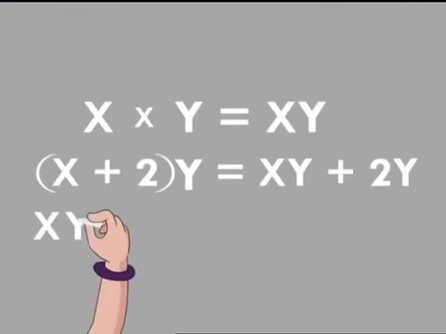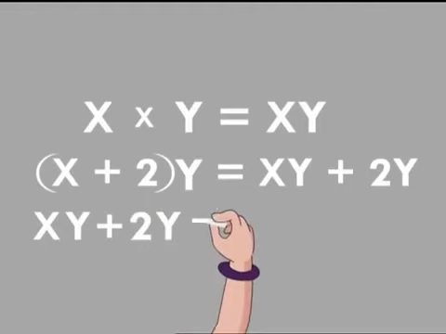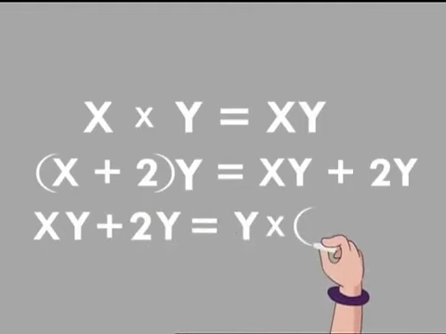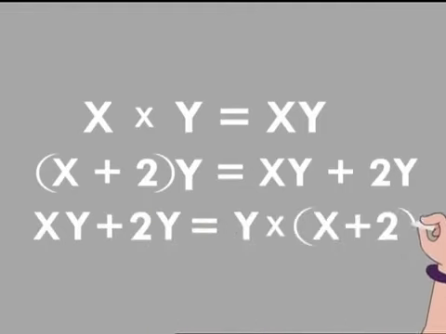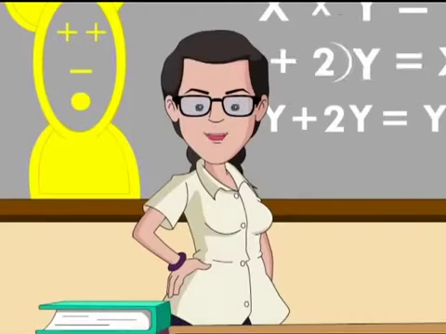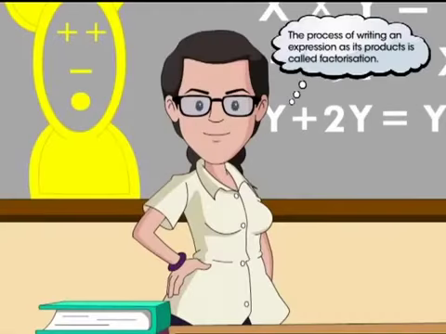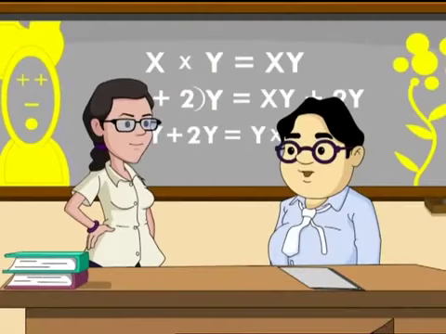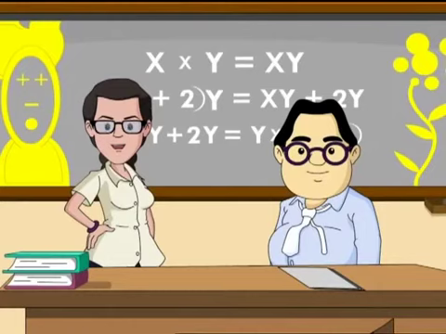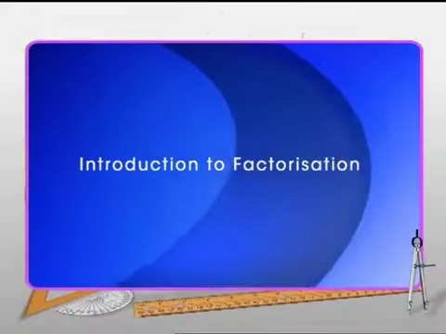If you are given the product xy plus 2y, you can express it back to its factors y and (x plus 2) whole. This process of writing an expression as its products is called factorization. Oh, but how does one do this factorization? It seems so tough. Let's go to the virtual world to learn about factorization of algebraic expressions.